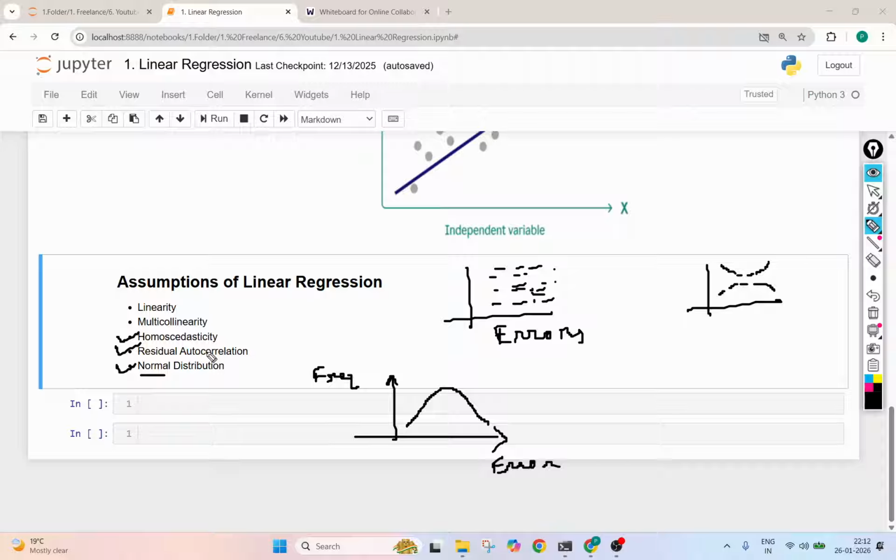Residual autocorrelation, that is, errors should not form any pattern. Finally, normal distribution. The distribution of the errors should be normal, should form a normal curve, or a bell curve. So these were all the 5 assumptions of linear regression.